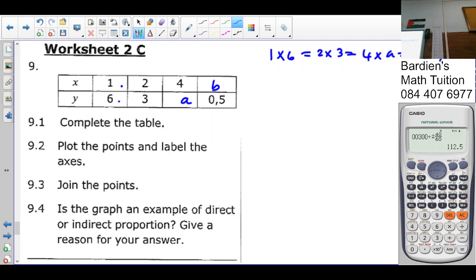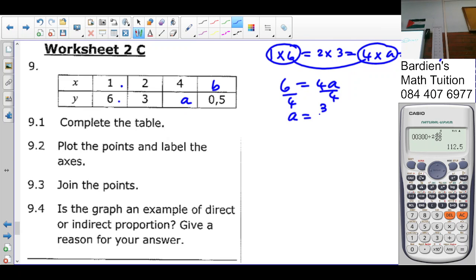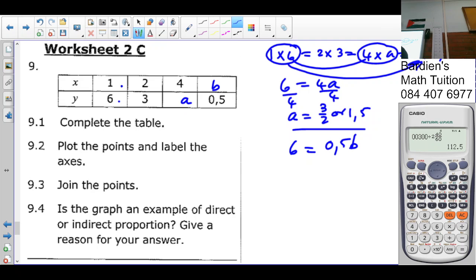So we can say 6 is equal to 4A. So I divide by 4 both sides. So A is equal to 3/2 or 1.5. You understand? Right. Then we can say that 6 is also equal to 0,5 B. How do I get B on its own?